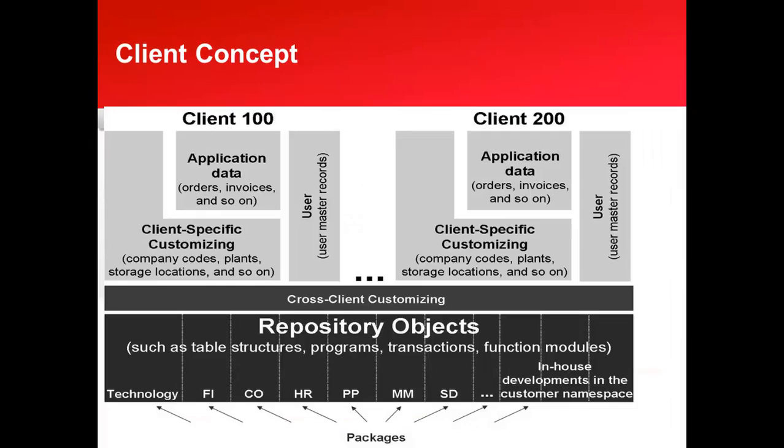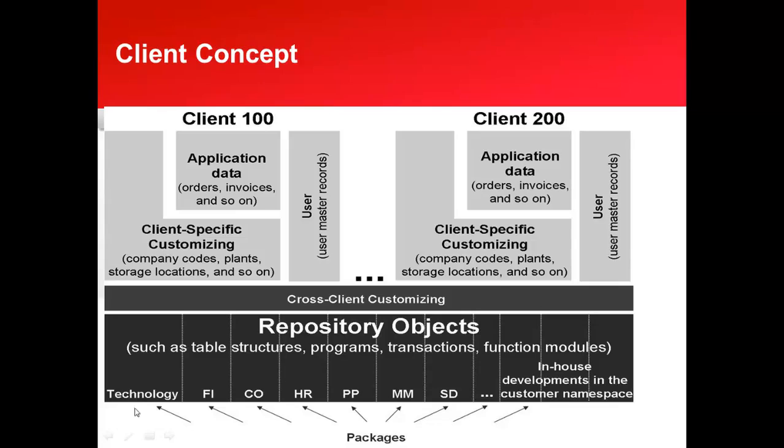And here you can see in this particular figure I am showing two different clients, that is client 100 and client 200, and at the bottom you can see there is a cross client customizing. You have the repository objects, which are tables, structures, programs, transactions, function modules, and you have the different modules like FI, CO, HR, PP, MM, SD.